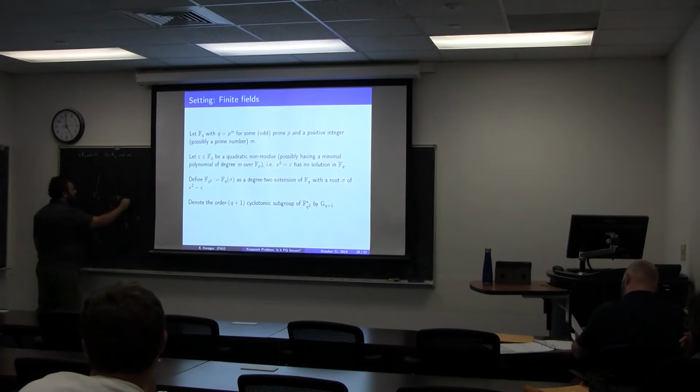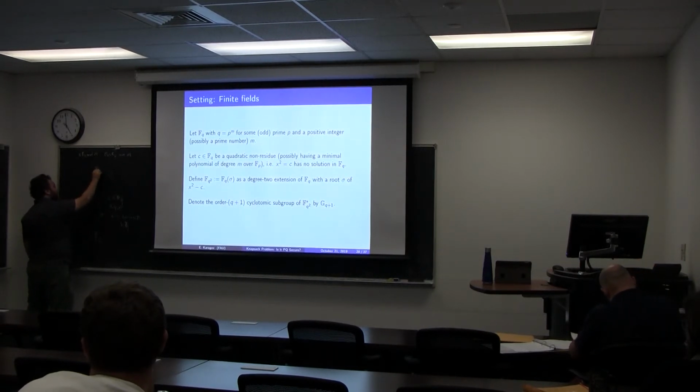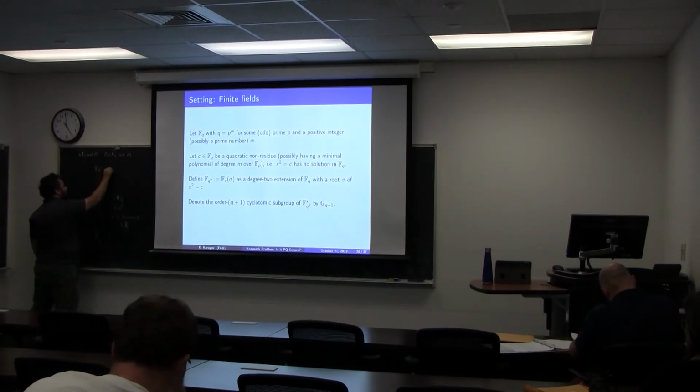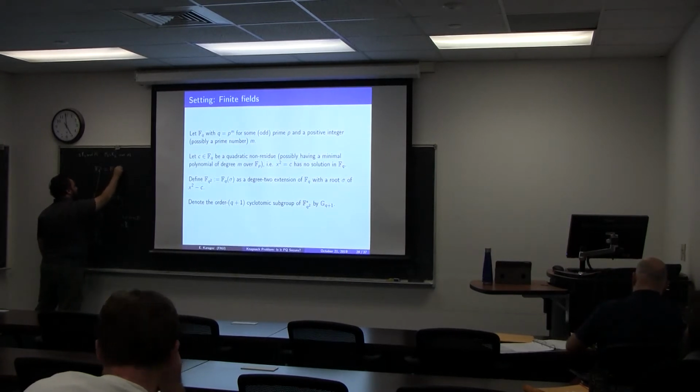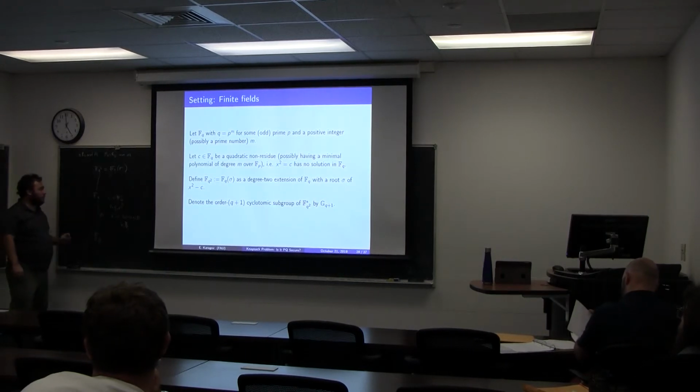If you take the root of this polynomial, you extend your F_q to F_q squared by adding this root into your F_q. Okay? So this is the finite field setting we use in our crypto system.